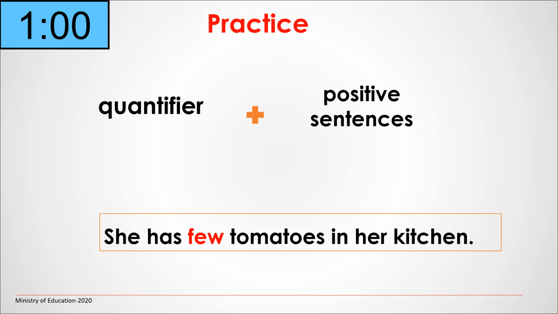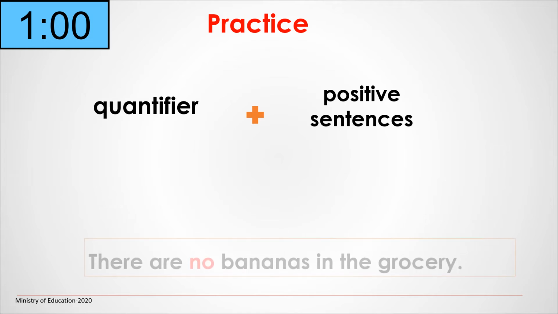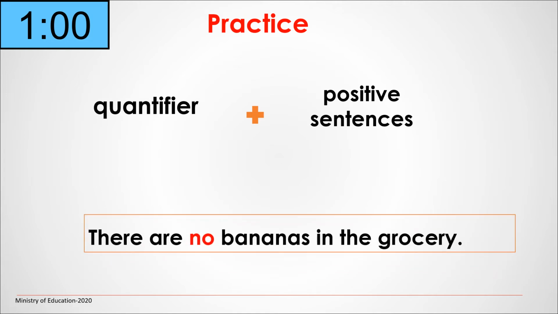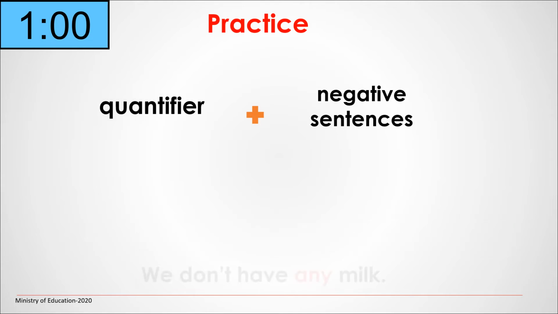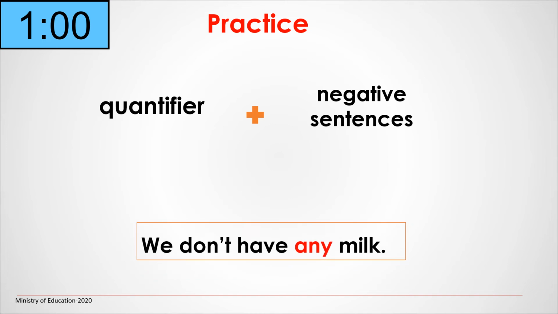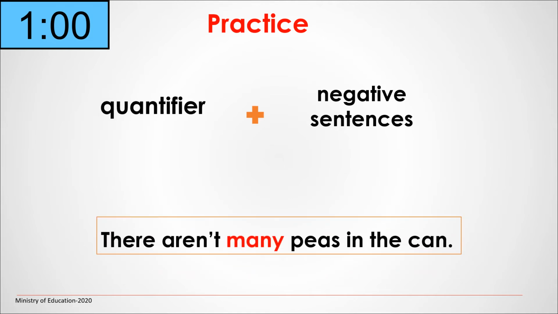Tomatoes, countable, type of food, and the quantifier we use here, few. Quantifier positive sentences: there are no bananas in the grocery. Quantifier with negative sentences: we don't have any milk. Quantifier negative sentences: there aren't many peas in the can.